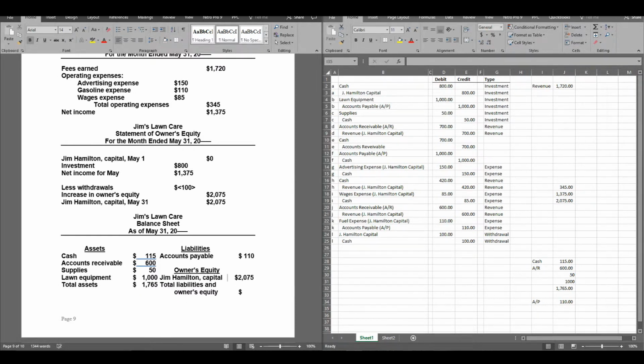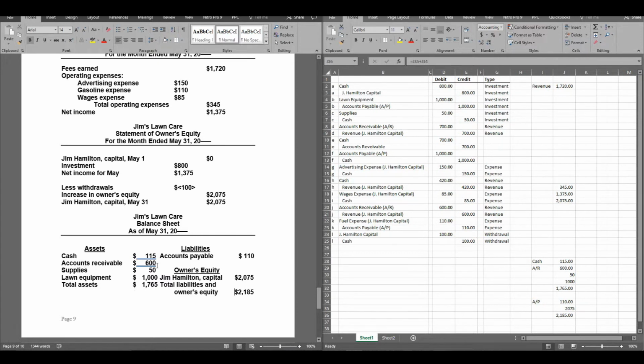Okay. So that means our total would be this plus this. Our total would be $2,185. So let's find out why we're not in balance.